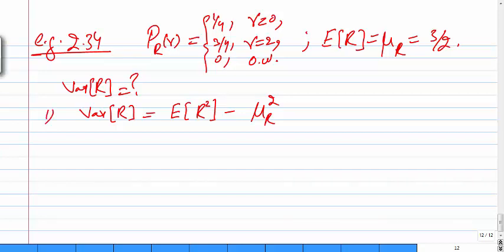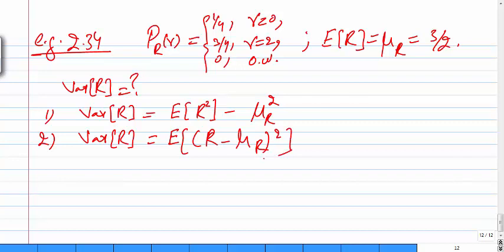There's another one that says the variance of X is equal to the expected value of X minus, okay, let me write it again. The second one is written as the variance of R is equal to the expected value of (R minus mu R) whole square, and then take the expected value.